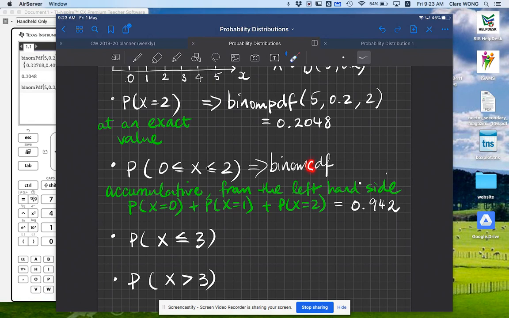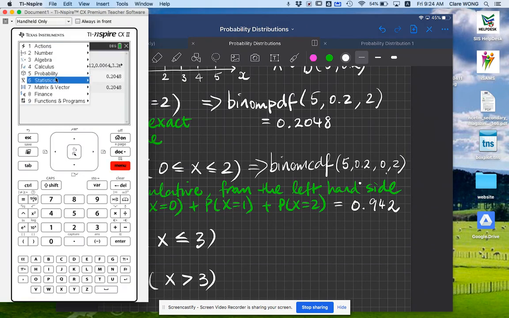The C means cumulative from the left-hand side. We need to say it's 5 for n, 0.2 for probability of success, starting from 0 and ending at 2.